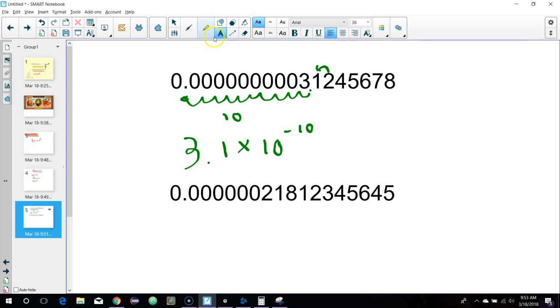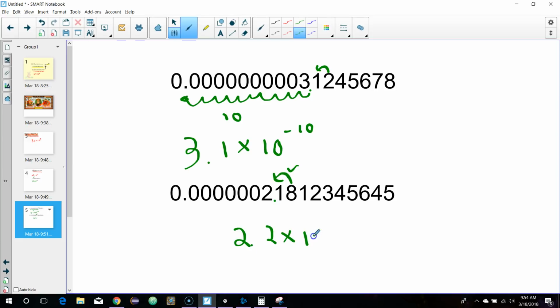So I'm going to ignore all these zeros, find the two numbers that are not zero, and put a decimal over there. So it's 2 point. Can I round this up? Yes. So it's 2.2 times 10 to the negative 1, 2, 3, 4, 5, 6, 7. So it's 2.2 times 10 to the power of negative 7.